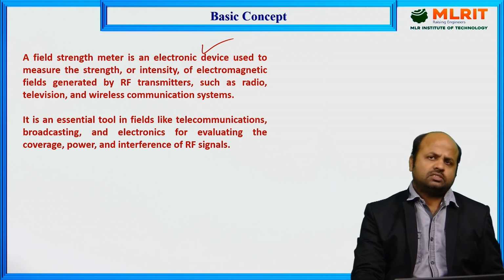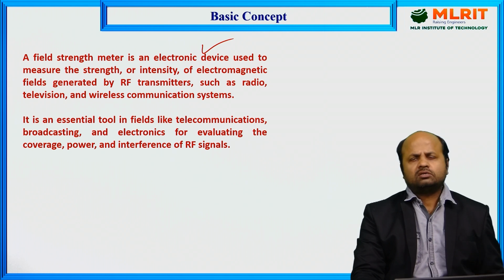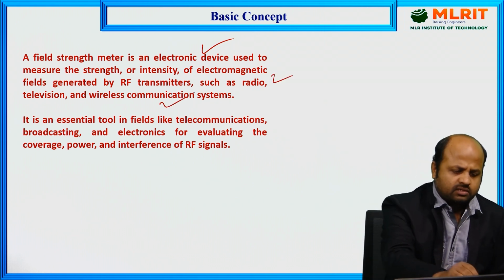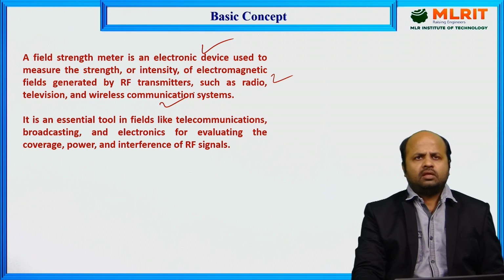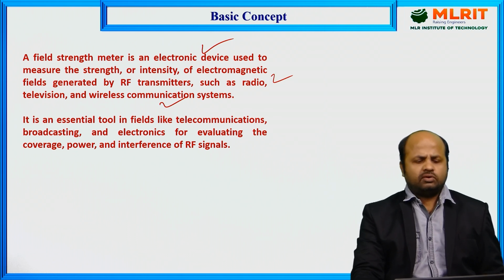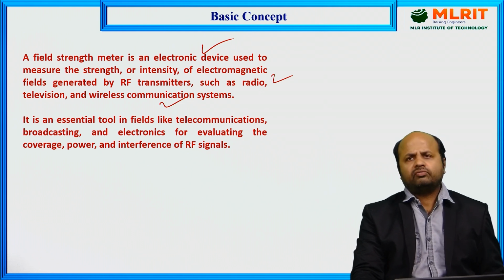So a field strength meter is basically an electronic device which is used to measure the electromagnetic field generated by an RF transmitter such as radio, wireless communication system, etc. It is an essential tool in the field of telecommunication, broadcasting and electronics for evaluating the coverage, power and interference of RF signal.